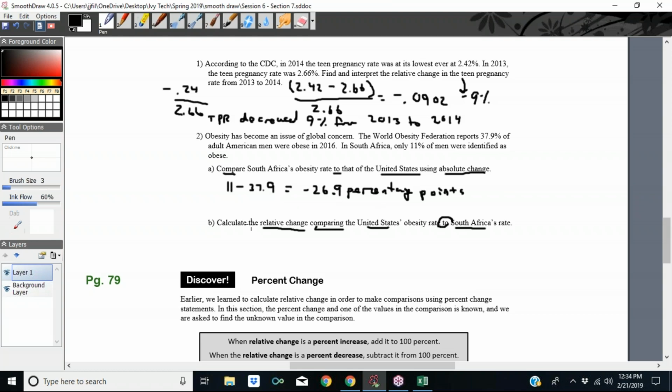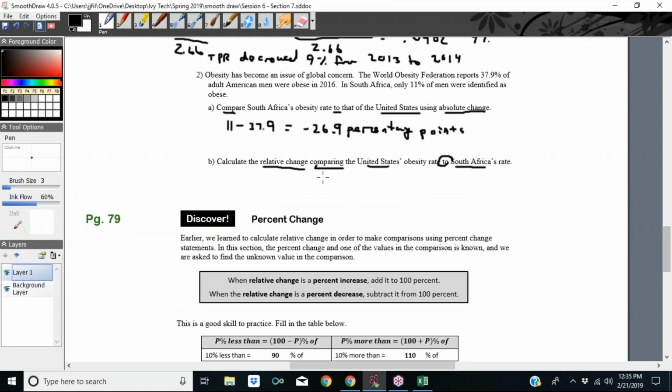So let's look at this if we're comparing the US to South Africa, and we're going to find the relative change this time. So the US to South Africa, so 37.9 compared to South Africa, minus 11. The relative change means we need to divide by the reference value, 11. So when we divide those, notice that the top is going to be a larger number than the bottom.